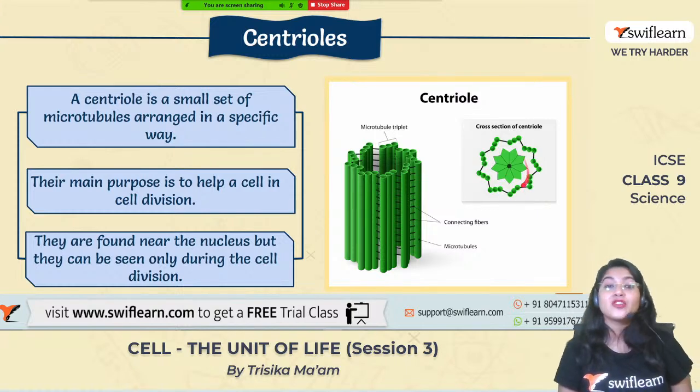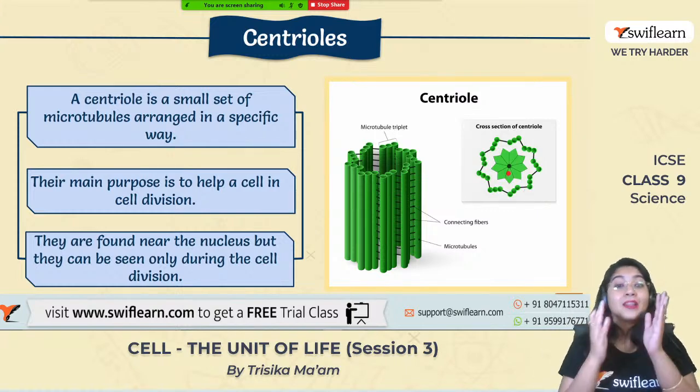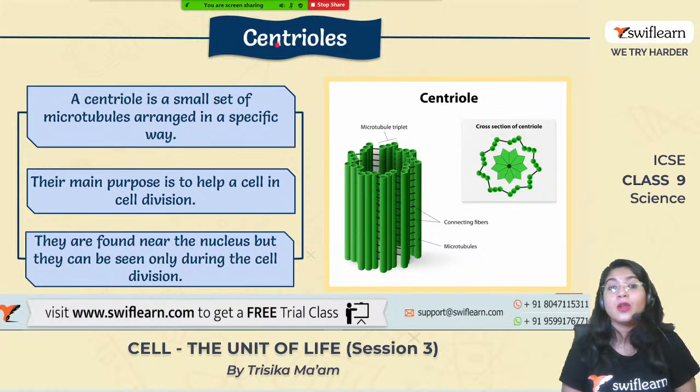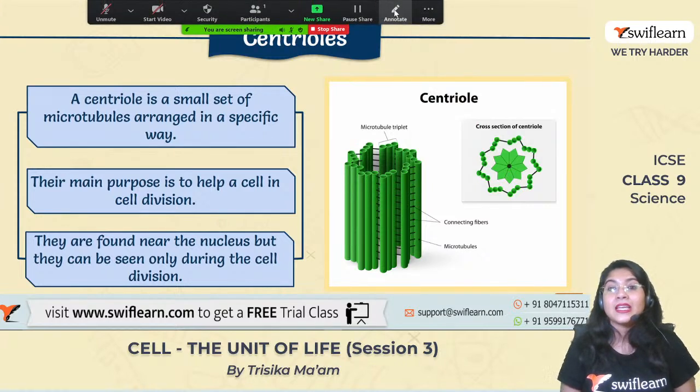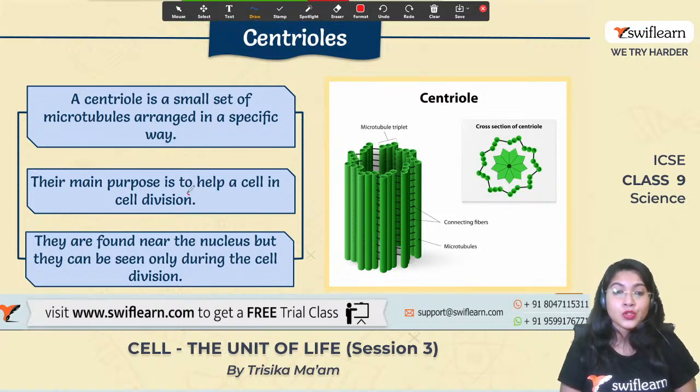So these centrioles are present within the centrosome, and the main purpose of this centriole is in cell division. So they help in performing the cell division.